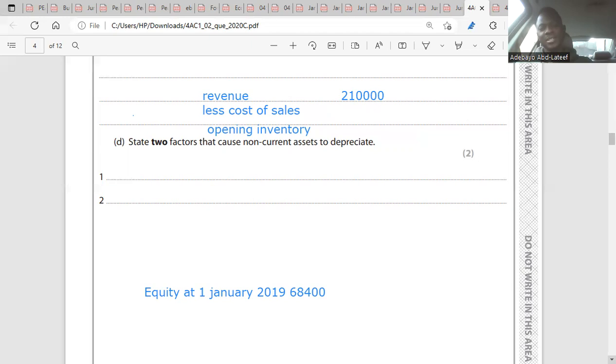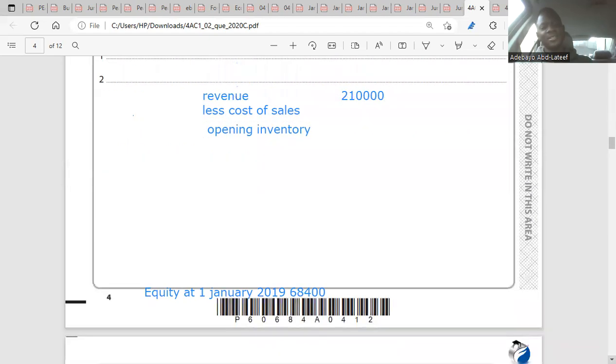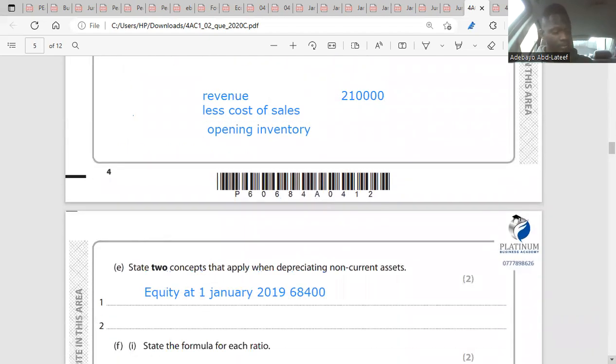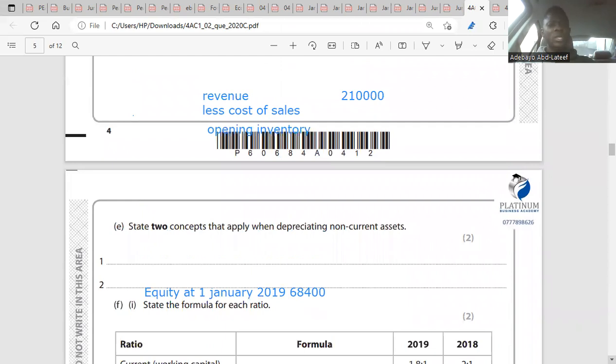It will get old. So that's another factor. Is it clear? Yes, it is. And another one you could talk about is economic reason. Maybe the situation of the country makes you sell it at a lower price. Is it clear? Yes. All right. The next question, question 1E.